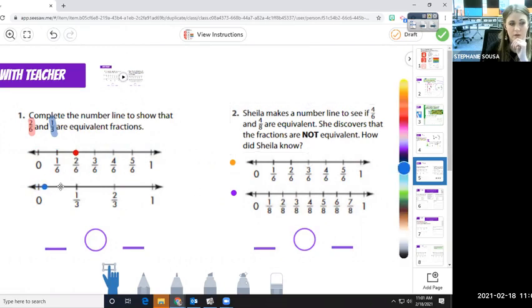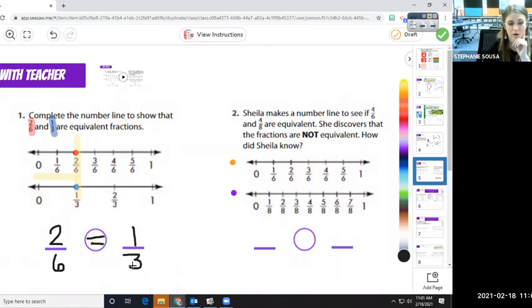Our blue dot goes on 1/3. 2 6 and 1/3 line up in the exact same place. They start at 0, they stop there. So that is proof that 2 6 is equal to 1/3.